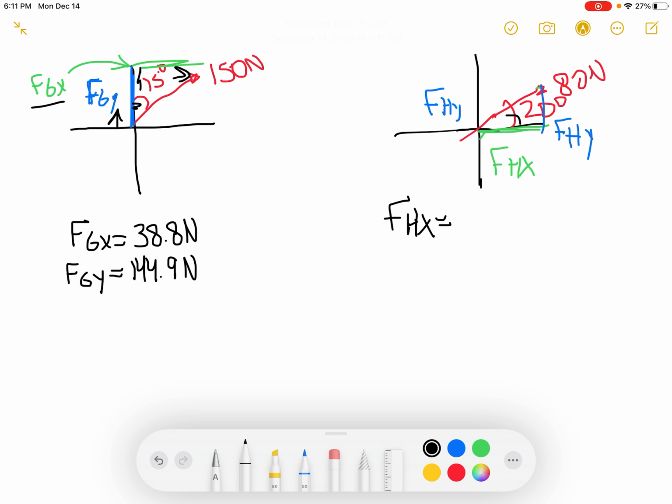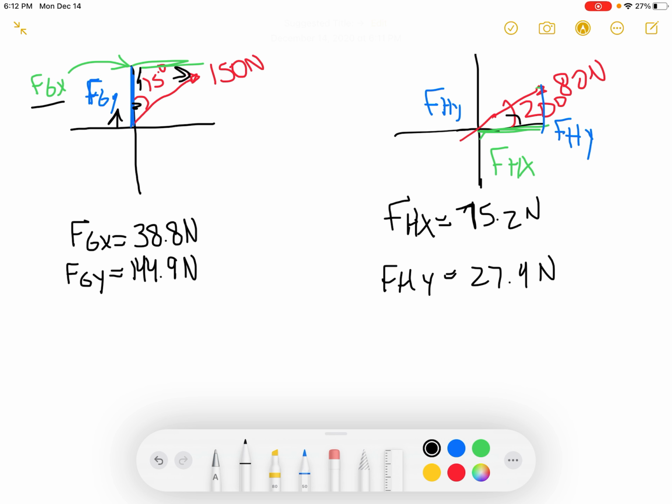So it turns out to be 75.2 newtons. And then for FHY, we get, because we used a sine for that one, because the y component is across from it, or opposite, so we get 27.4 newtons. There we go. We have the x and y components.